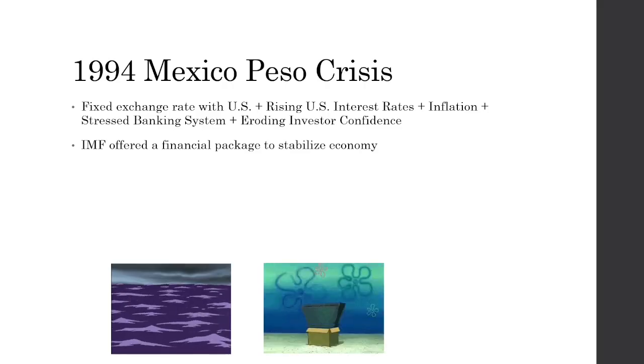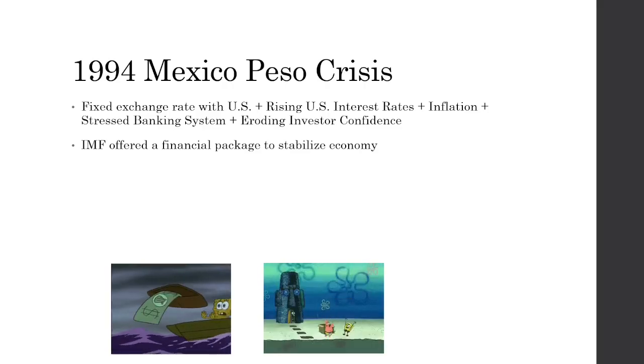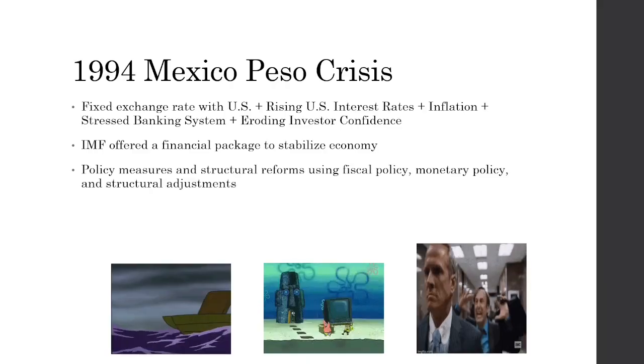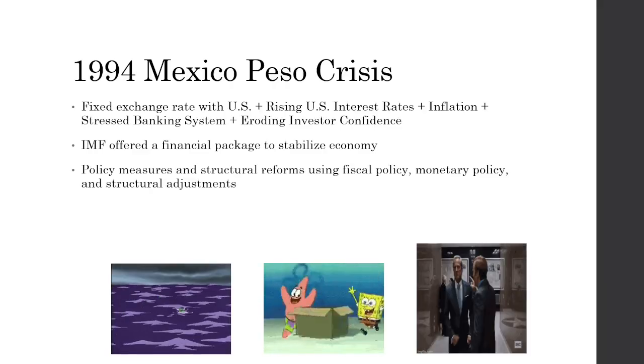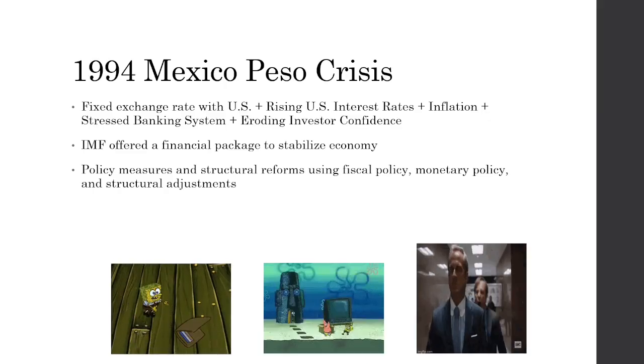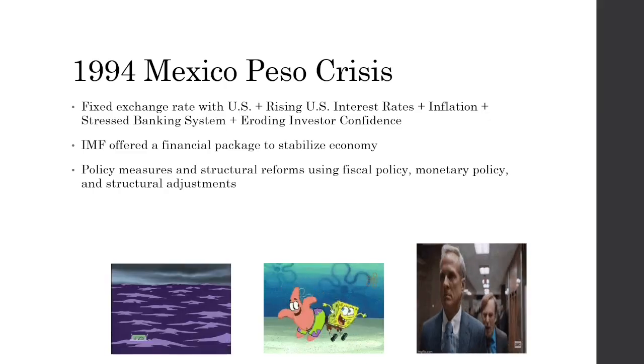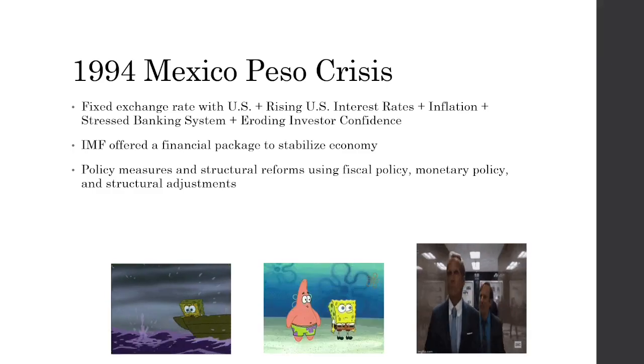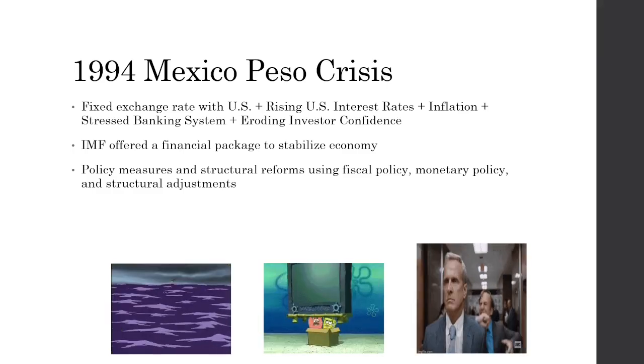And the IMF offered a financial package to stabilize the economy and the peso in the country. These included policy measures and structural reforms using fiscal policy, which deals with government spending, monetary policy, which deals with interest rates, and structural adjustments as well.